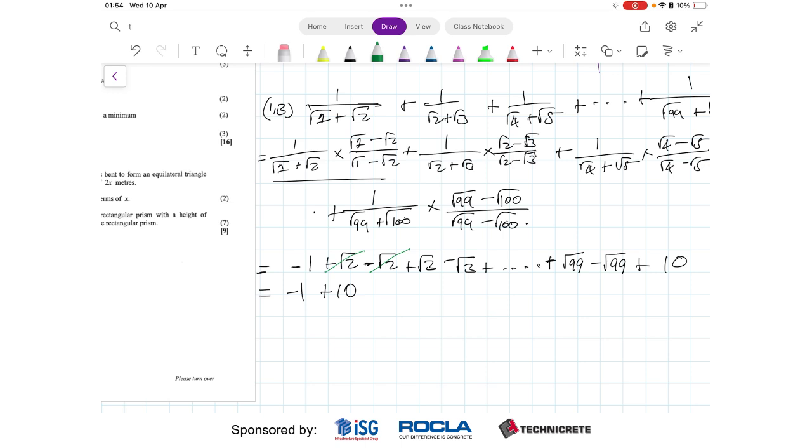It's going to do the same thing for the square root of 31, returning the negative square root of 31 and the positive square root of 31, which cancel each other out, and at the end of the day the final answer will be equal to 9.